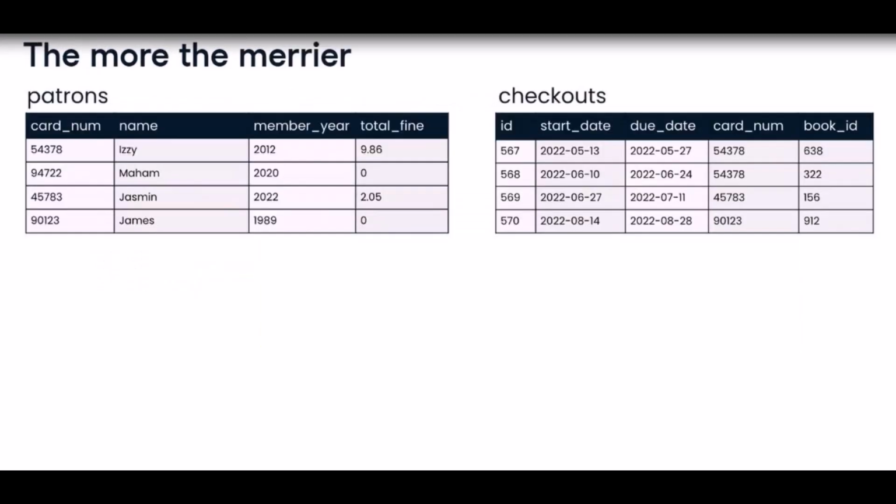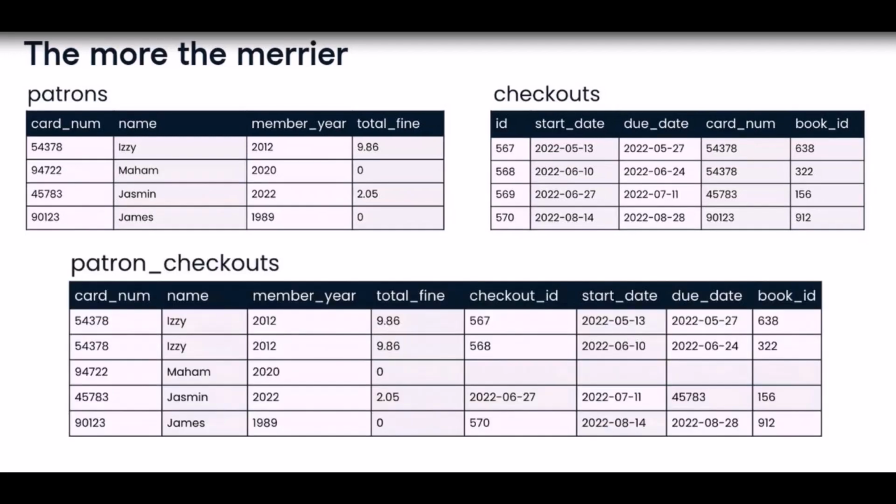Having more tables, each with a clearly marked subject, is generally better than having fewer tables where information about multiple subjects is combined. Look at that.